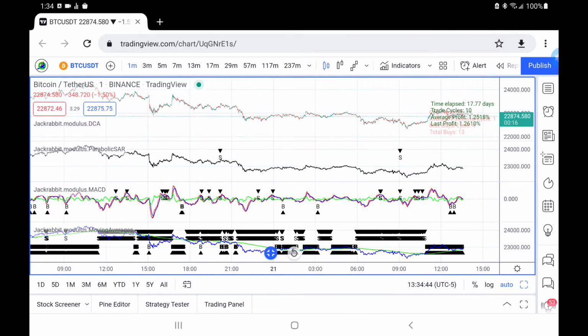So here we are. Here is the full recipe. We're using momentum, MACD, and Parabolic SAR to find entry points, and we're using the dollar cost averaging module to find exit points. Now you can sell by strategy, and this does do very well.